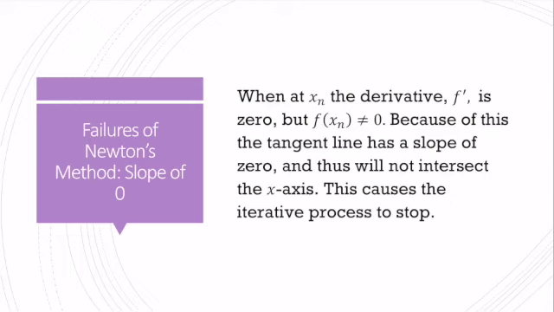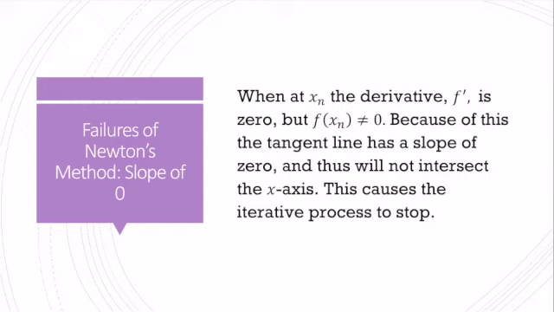Another failure would be finding the wrong root, okay? Make sure you have a tiny little interval. X sub 0, x sub 1, x sub 2 may approach a different root than the desired root. So I'd always recommend going into Desmos or your graphing calculator and graphing your function. It's possible that our approximation does not find the root we're looking for, but finds another root.